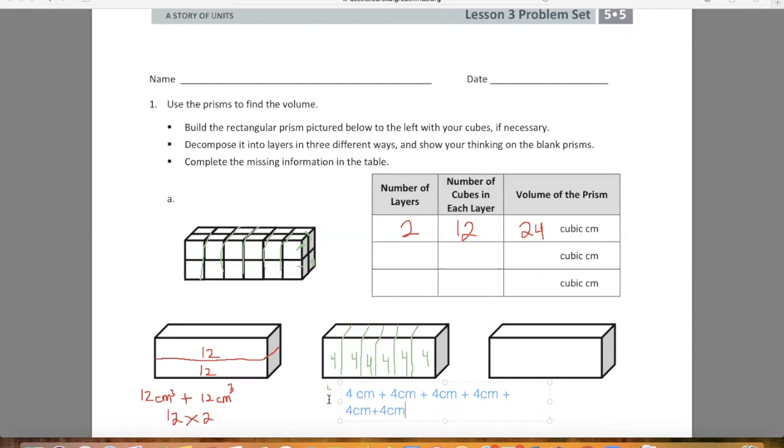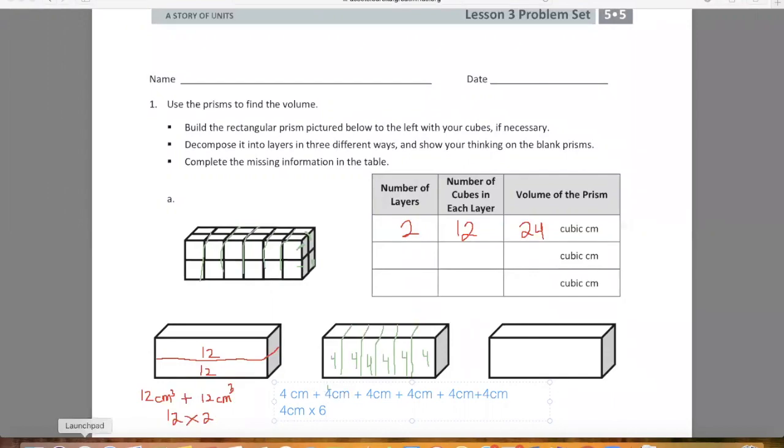Okay, and again, I can rewrite that as a multiplication sentence, which would be 4 centimeters cubed times 6, because I'm doing that 6 times. So 1, 2, 3, 4, 5, 6.